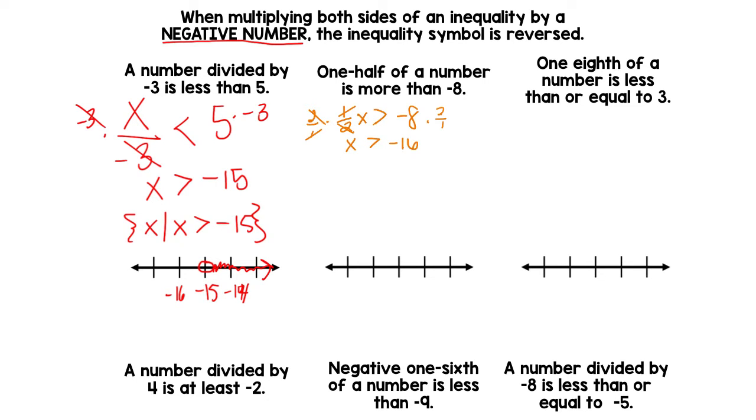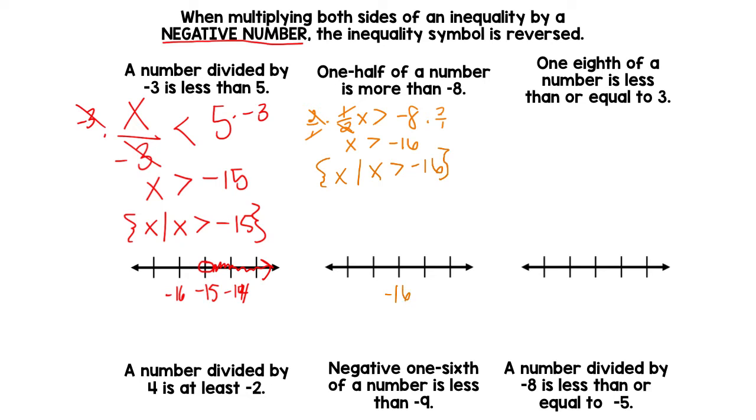Now notice our product on the right is a negative number, but I'm not going to flip my inequality unless this number that we multiplied is what's negative. And in this case, it's not. So let's write it in our notation. x given that x is greater than -16.